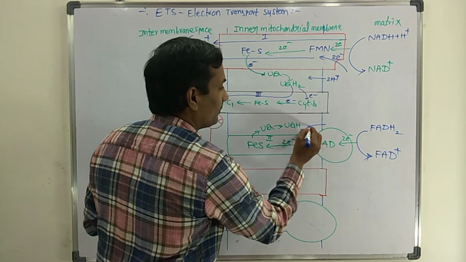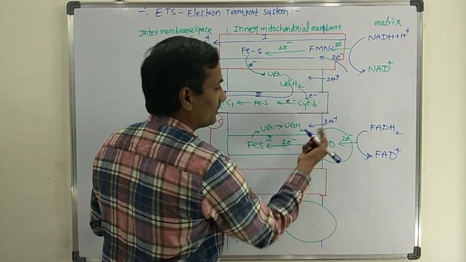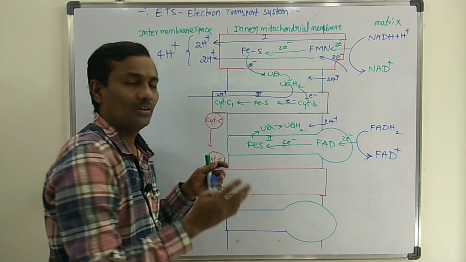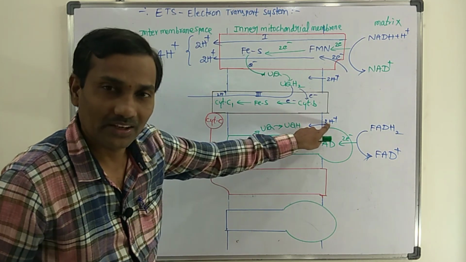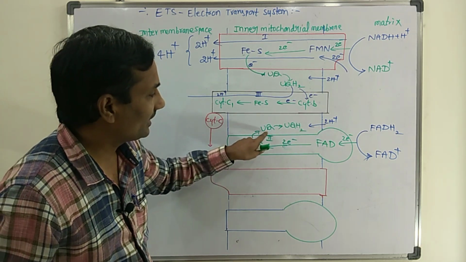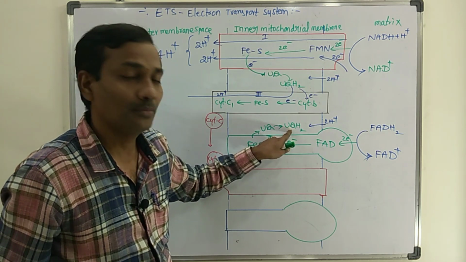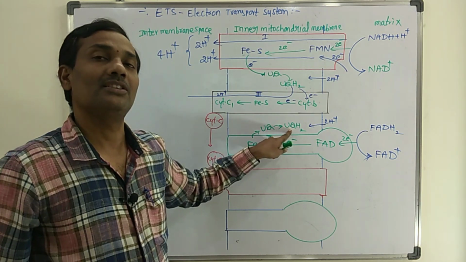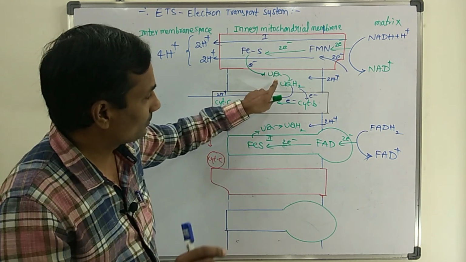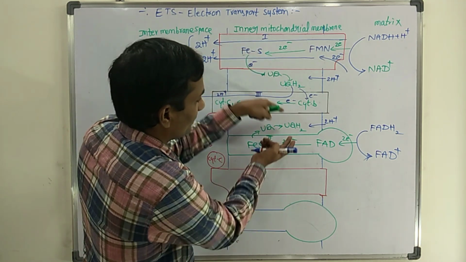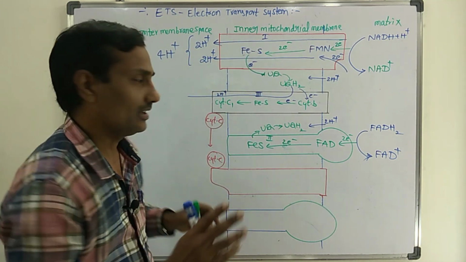Again one more doubt: 2 more protons, from where do they come? From the matrix. So 2 protons are taken from the matrix, and electrons from iron sulfur protein, reduced to UQH2, that is ubiquinol. The same mechanism occurs here also.